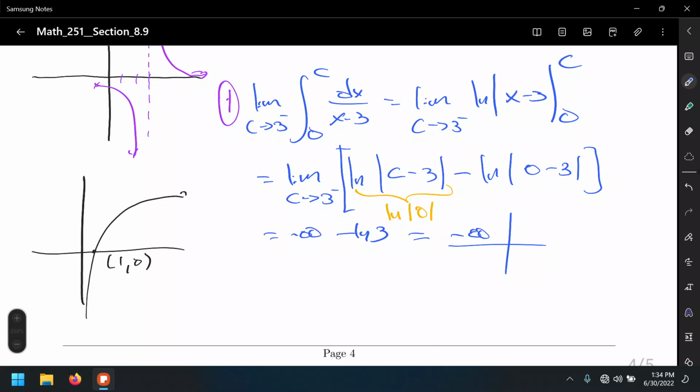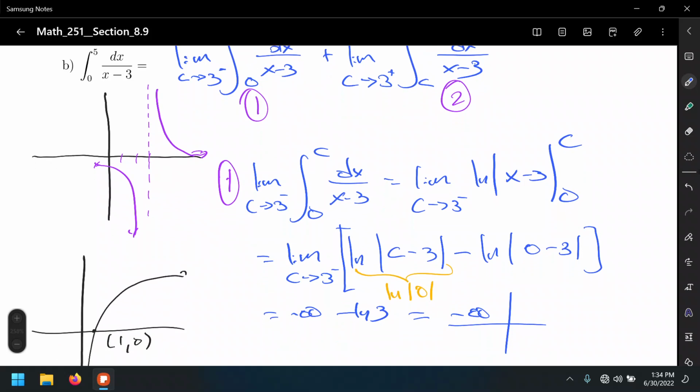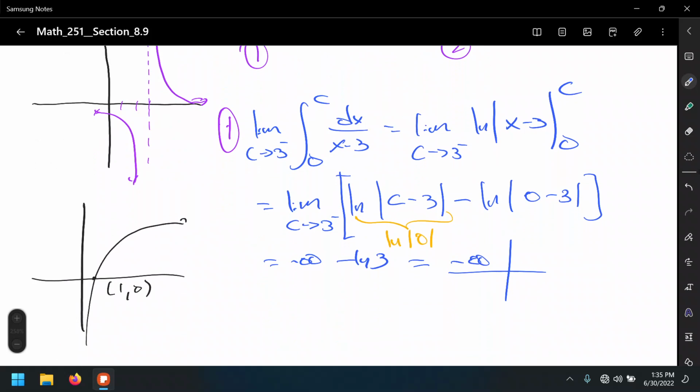But in this case, because that first integral is already blowing up to infinity, we don't have to bother looking at the second integral. Even if we get a finite value for the second integral, it doesn't matter, because we already got negative infinity plus or minus even a tiny quantity or a big quantity. It's not going to change this infinity value.